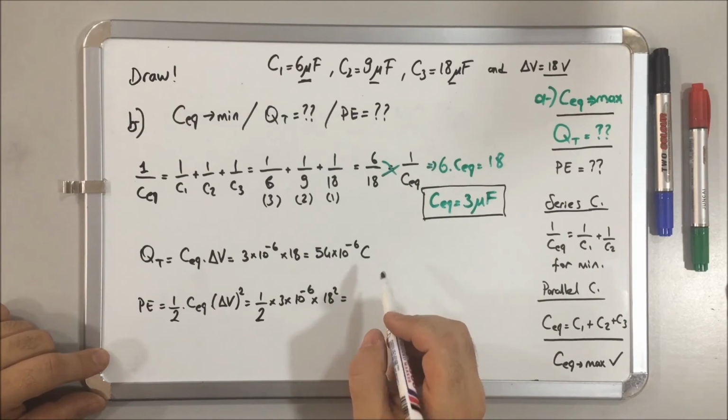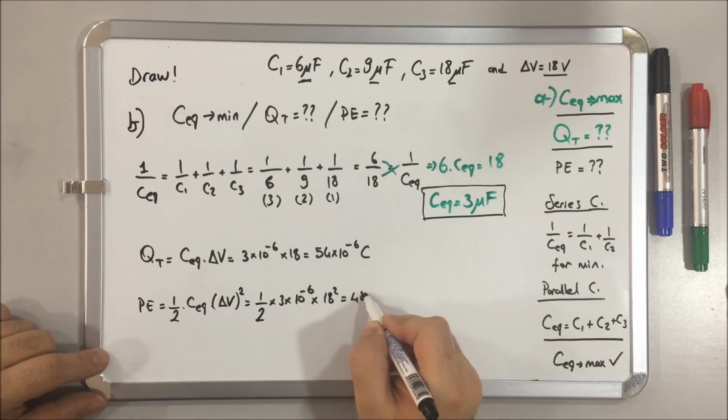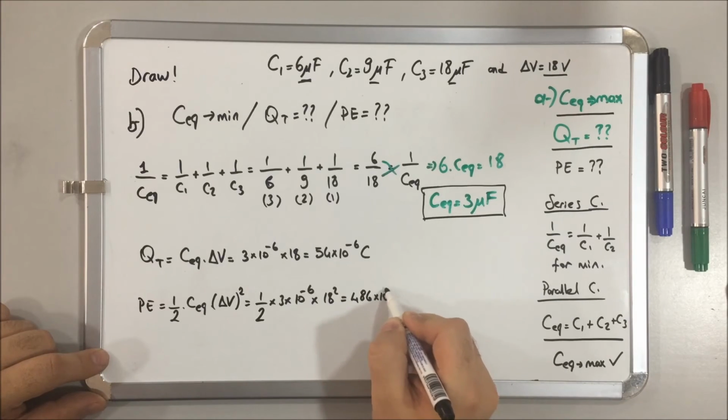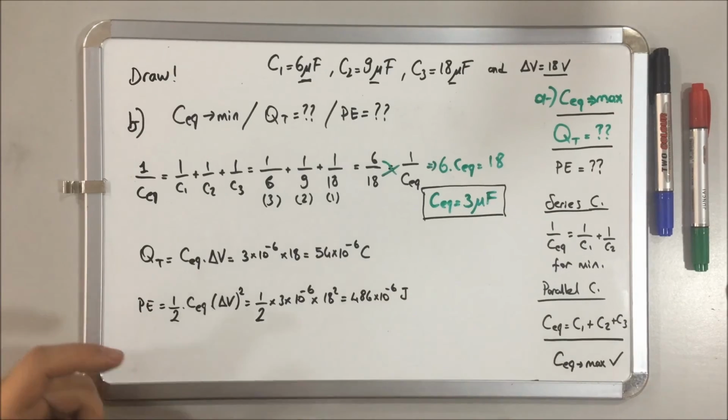So the result will be 486 times 10 to the power of minus 6 joule, of course.